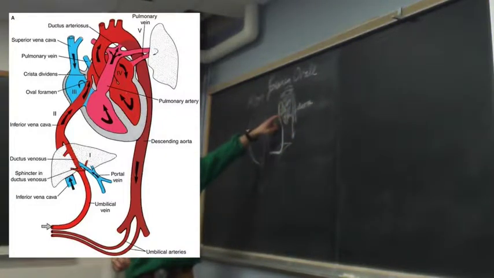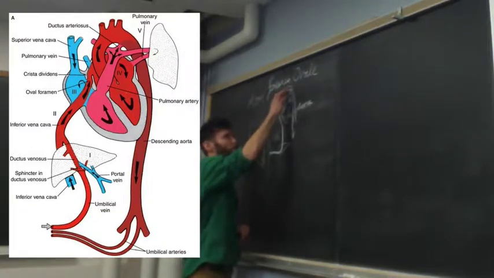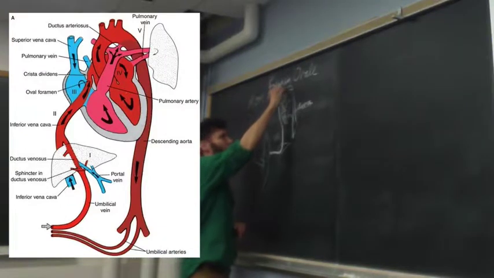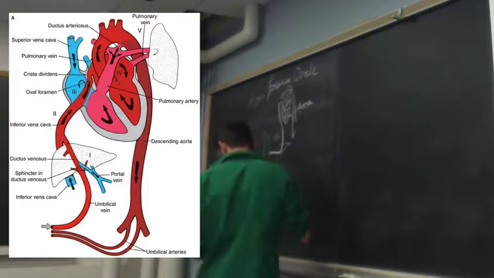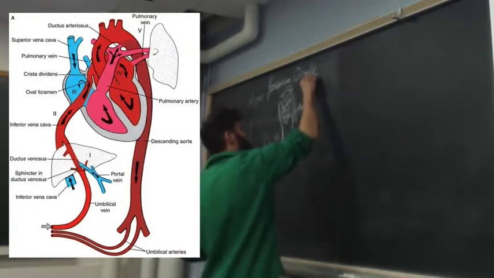To pick up this oxygenated blood that has been shunted through the right ventricle, there's another mechanism. It's a short circuit between the pulmonary trunk and the aorta. We call this the Ductus Arteriosus.